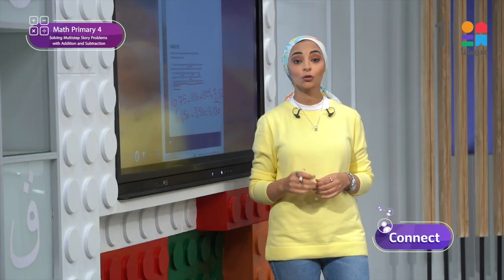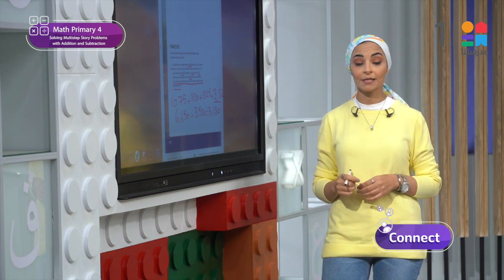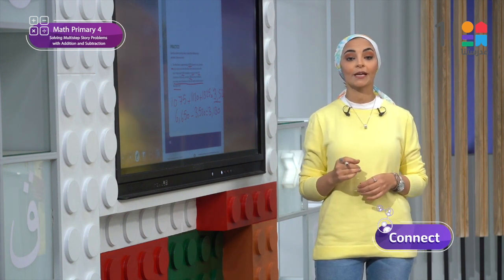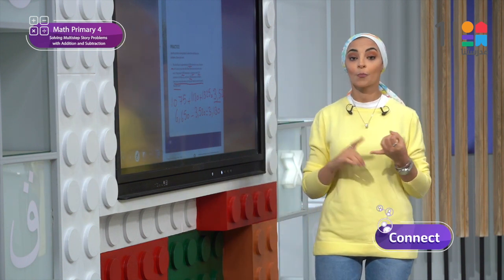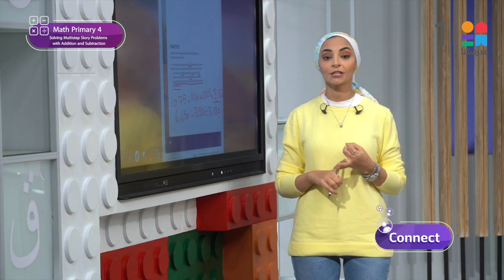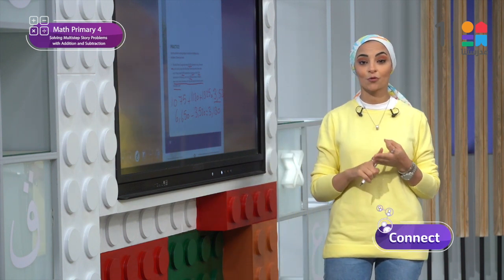Okay, now if you need more practice, you can go to Check Your Understanding using the quick code at the beginning of the lesson, or the one shown here on the screen. Thus, we have finished Concept 2 in Unit 2. In this unit, we have learned about the properties of addition, new strategies for addition and subtraction, and solving multi-step story problems.